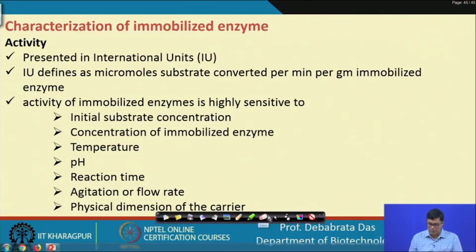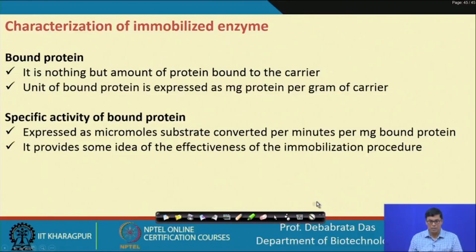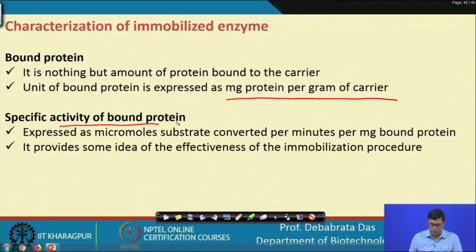There are several factors that affect it, and the characteristics of the immobilized enzyme also depend on other factors like bound enzyme concentration. This is usually expressed as milligram protein per gram of carrier. Then the specific activity of the bound protein is almost similar to our enzymes.